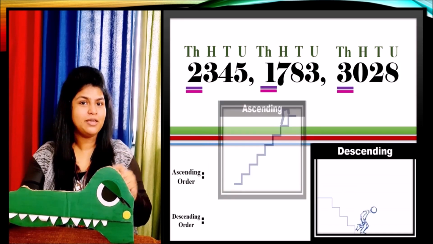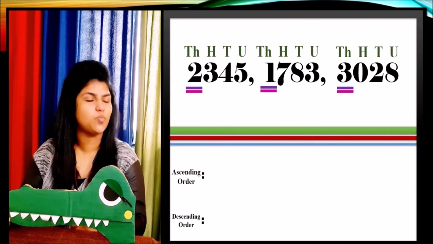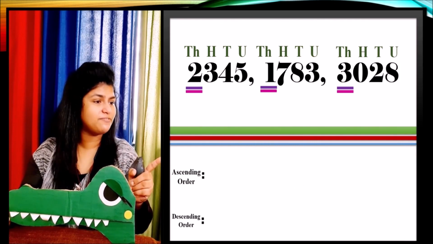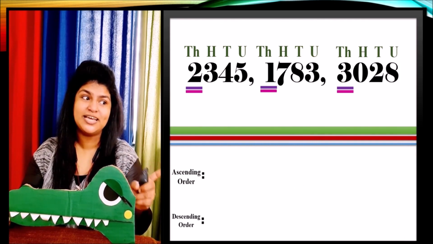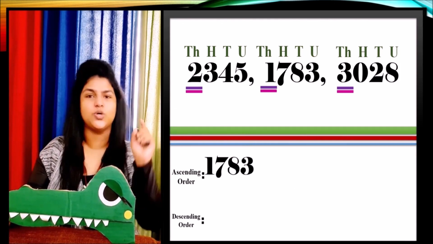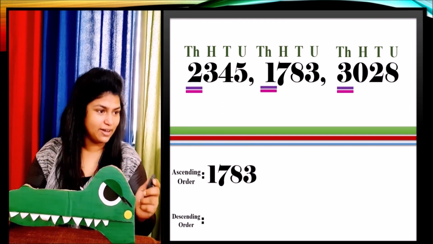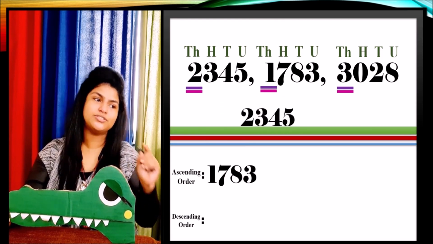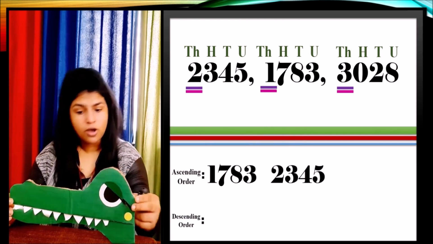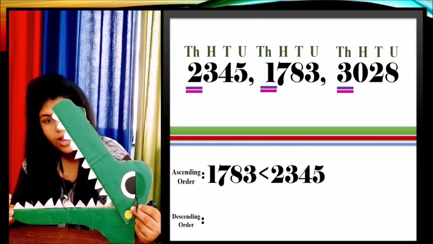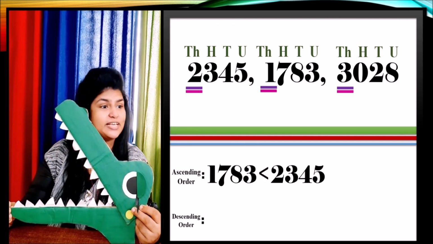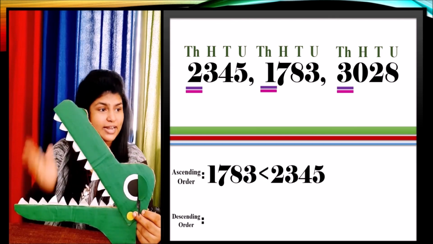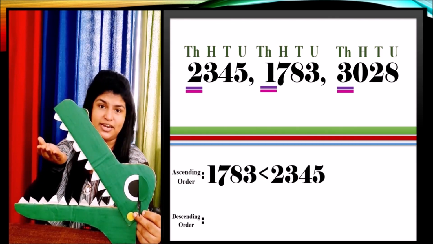So you tell me, we found out the smallest one. So in ascending order, we'll write the smallest one first. Which one did we find out is the smallest? 1783. So quickly write down 1783 in ascending, and then which number will you write? 2345. So open your mouth. He's opening his mouth at 2345. Why? Because that is bigger than 1783, right?